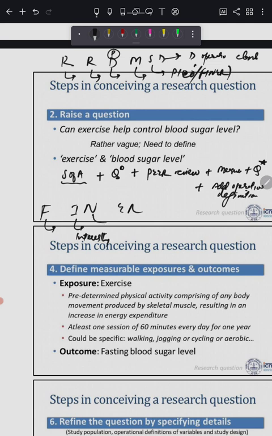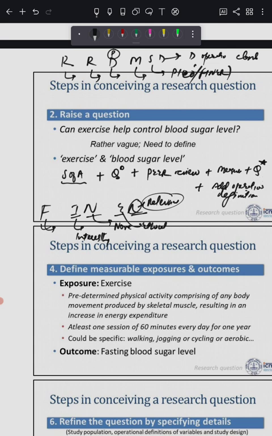N means it should be novel, E is ethical. Last is relevant. So feasible, interesting, novel, ethical and relevant. Use FINER before starting a project to avoid wasting time or effort.